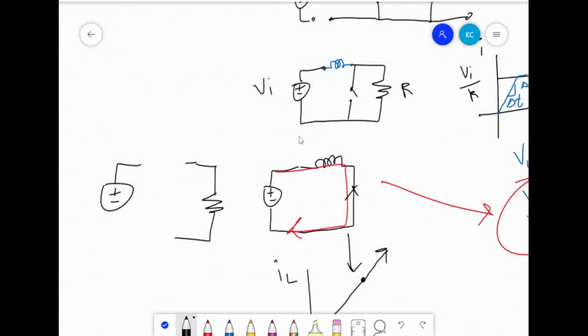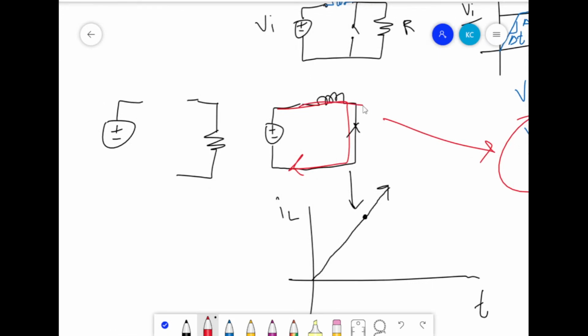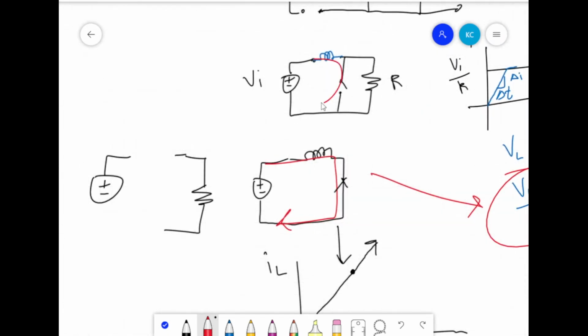We now have a lot of current built up here when the switch is open, so when this path is unavailable, the current is then going to go like this. We're building up a lot of current here, and then all of a sudden we open this up, all of this current has to now go through here, which means that the output voltage is going to be that current times the R. And we're going to get something like this.